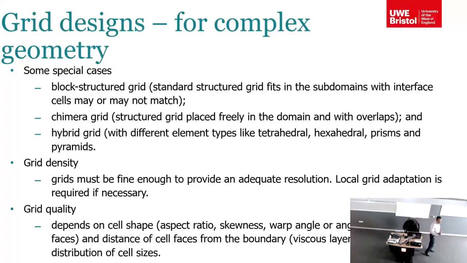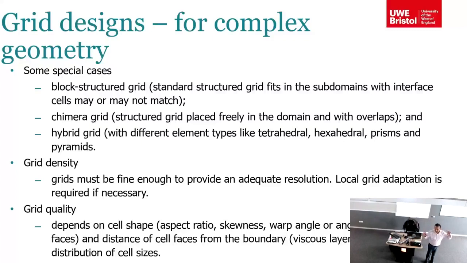When you look at grid density, make sure that you don't go really coarse or really fine. Really fine means your computation time will be too large. Really coarse means your answers will not be accurate. Grid quality always depends on the cell shape, aspect ratio, skewness, and angle, etc. So don't have really skewed grid cells.